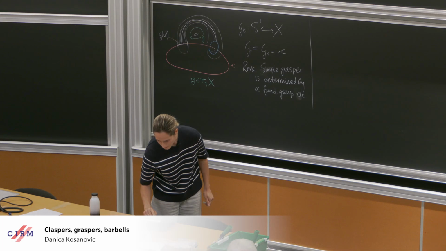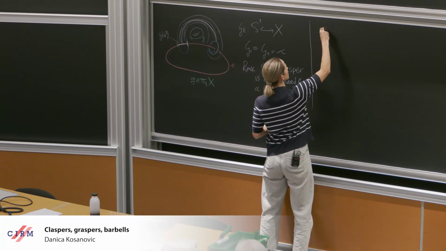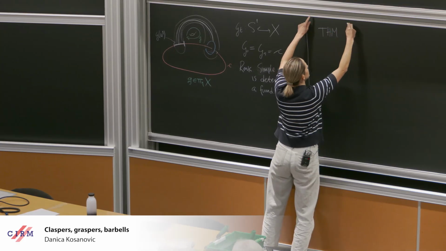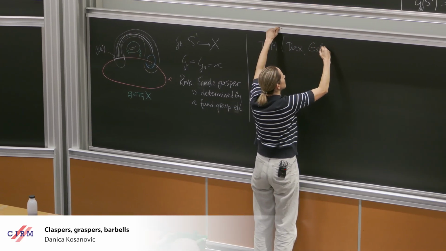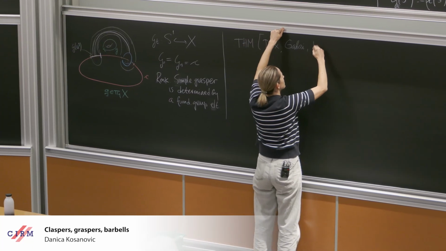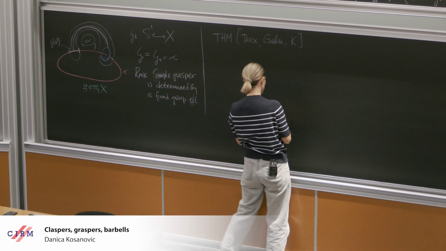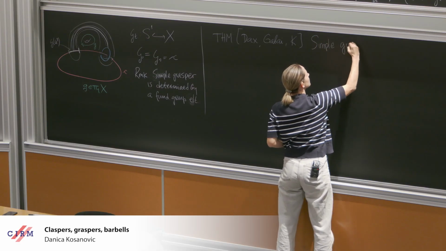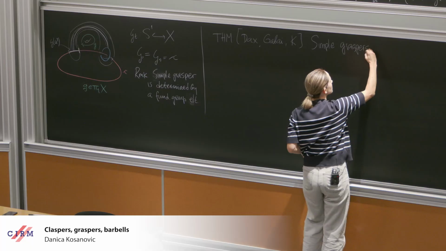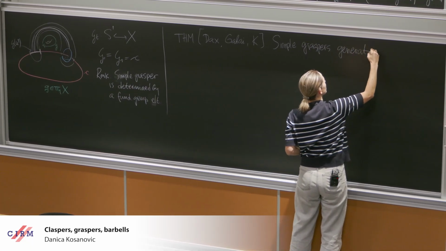Okay. So this is useful, yes, because of the following theorem, which I'll attribute to Dax and Gabay. And then the case of circles was studied by myself. And that's that simple Graspers generate the following kernel.